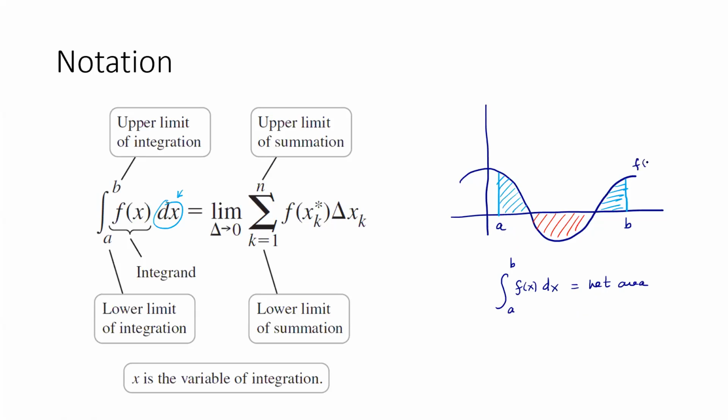So this function f of x, whatever it is, might have some parts that are above the x-axis, so the area under that region is a positive contribution to the net area. And then it might have some parts that are below the x-axis, which contribute a negative value to the net area.